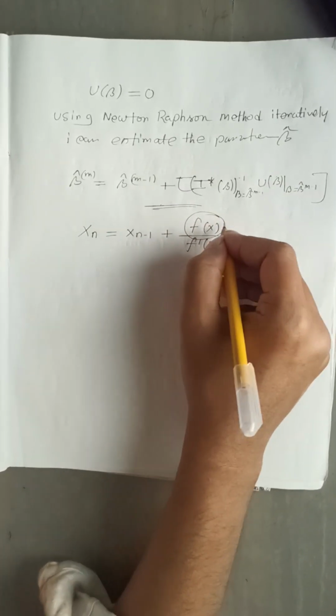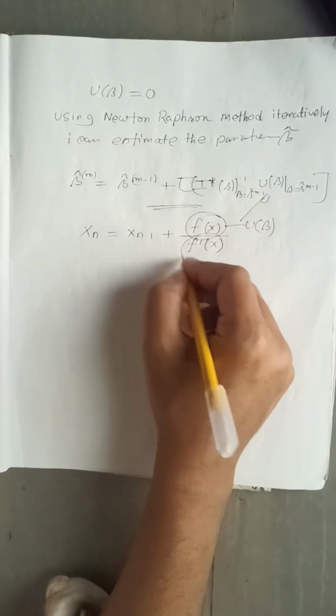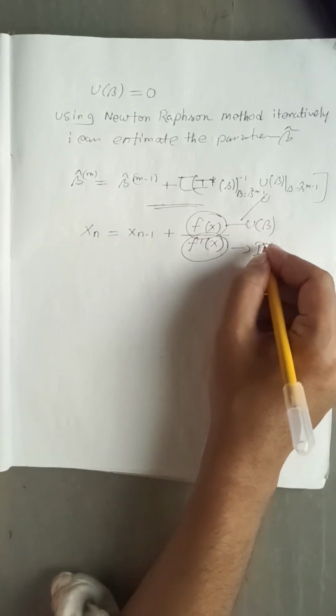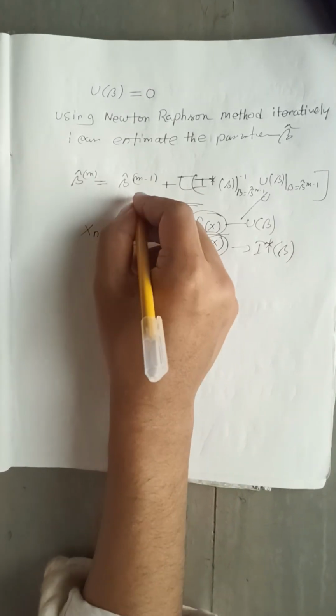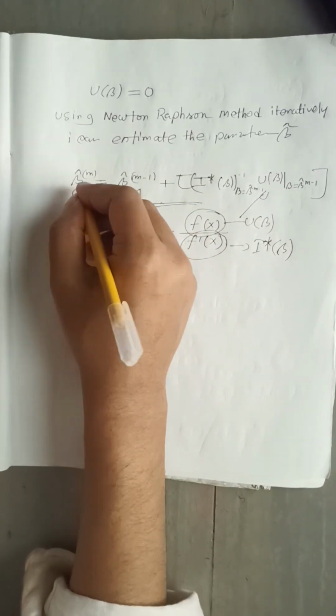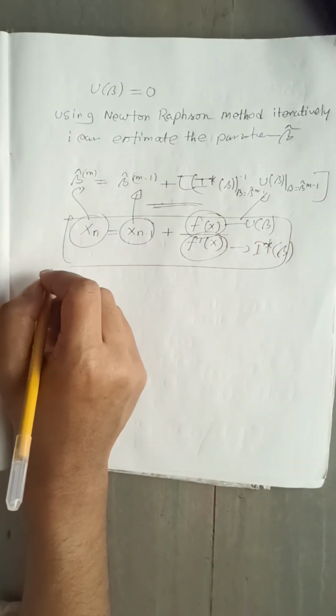So here this f of x is nothing but U of beta, and f prime of x is nothing but I star of beta. So this thing is this thing, and this one is that. It comes from the Newton-Raphson method, and we can easily estimate the parameters using this one.